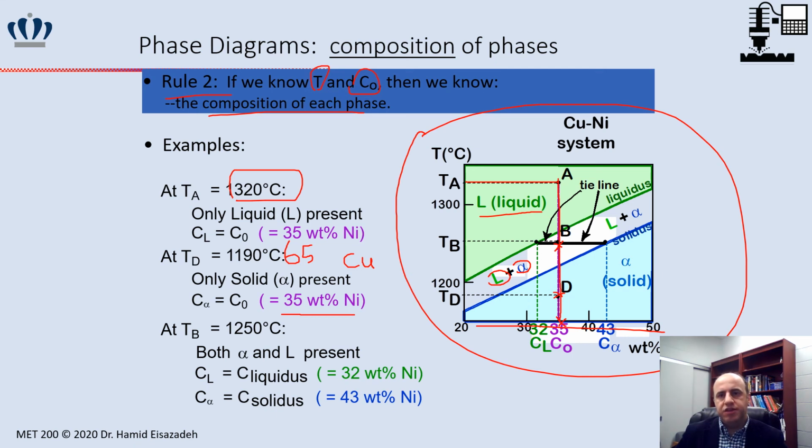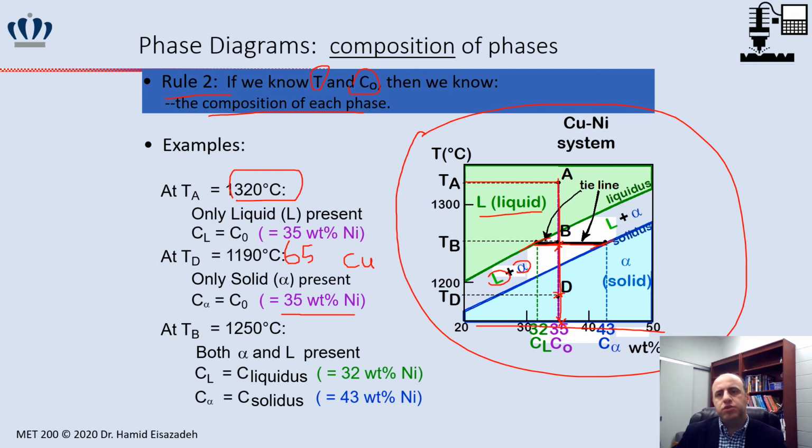So this is a little tricky. If you are here, the composition is not 35%. You have to draw a horizontal line. This horizontal line has to cross the liquidus and the solidus line.